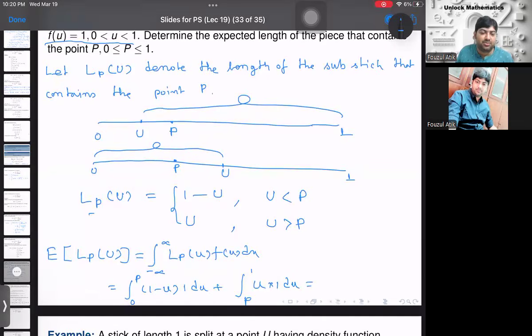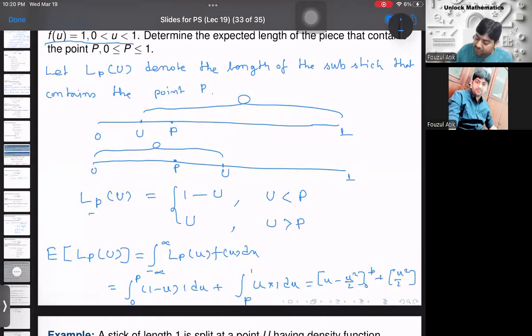After that it is a simple integration: U minus U squared by 2 between 0 and P, plus U squared by 2.